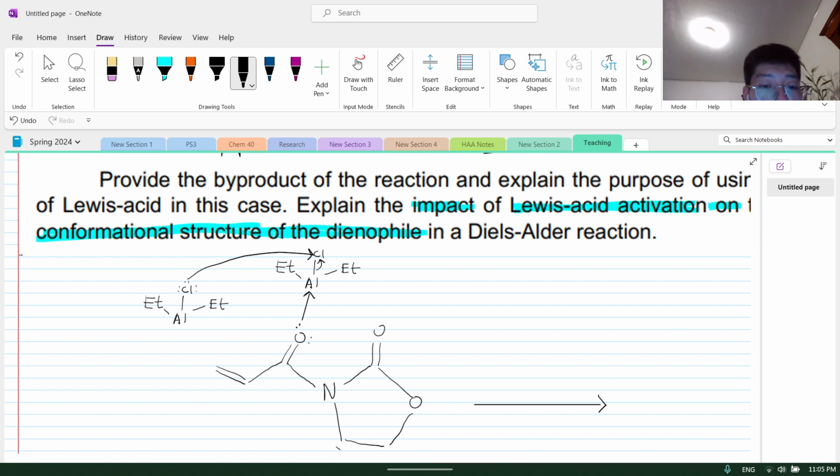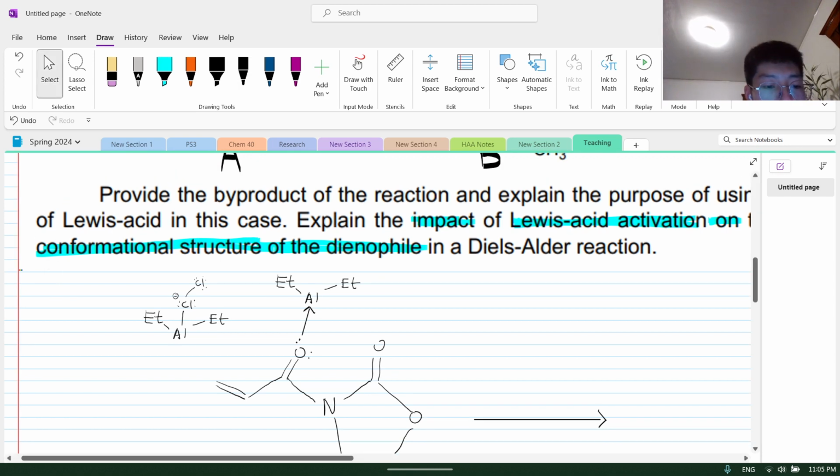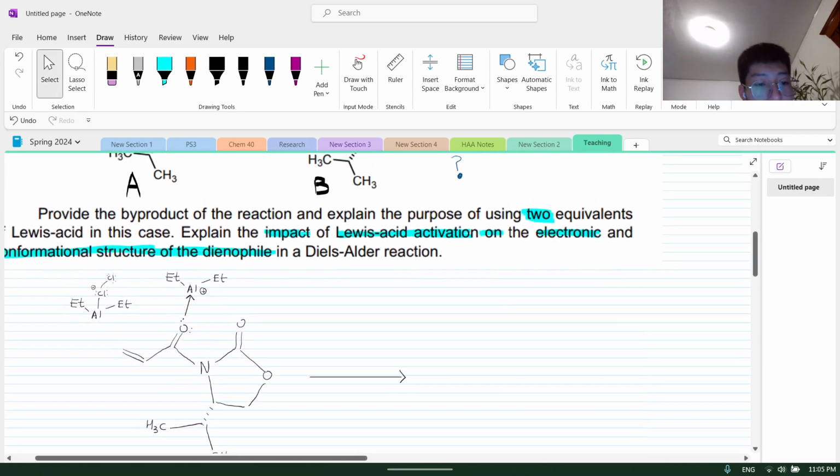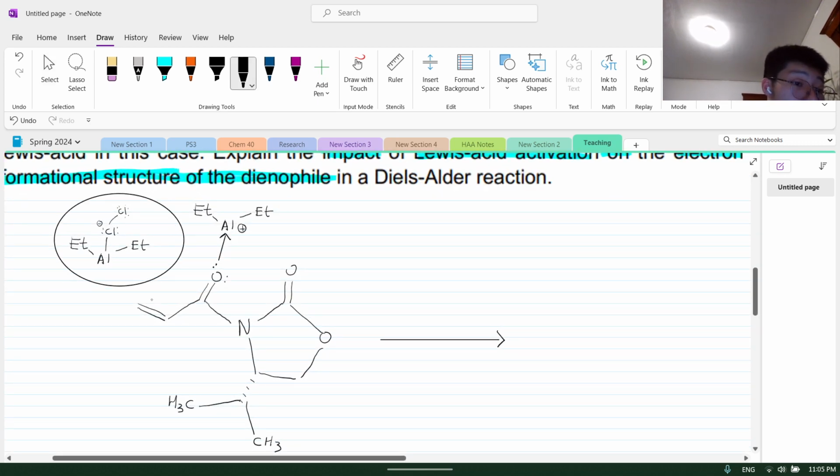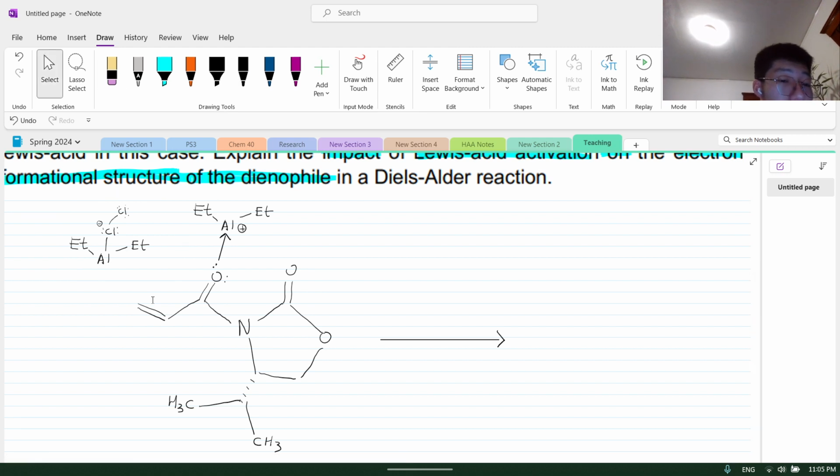But we can imagine that this chloride attacks the other chloride, and then this chloride leaves, and what you form would be, if you assign new negative charges, like so. And then you would form a positive charge, so in the end, conservation of charge is maintained. But the mechanism of that is not important. The important point is that you need to realize how this second equivalent of Lewis acid actually can abstract a chloride from the first equivalent of Lewis acid.